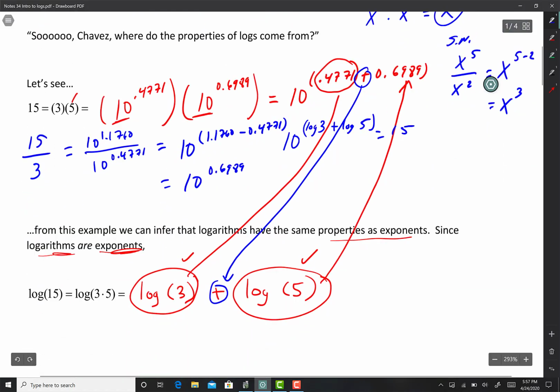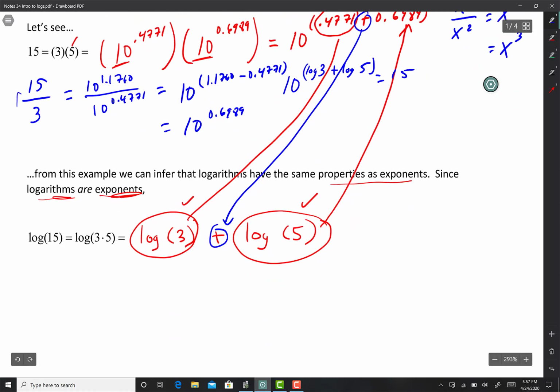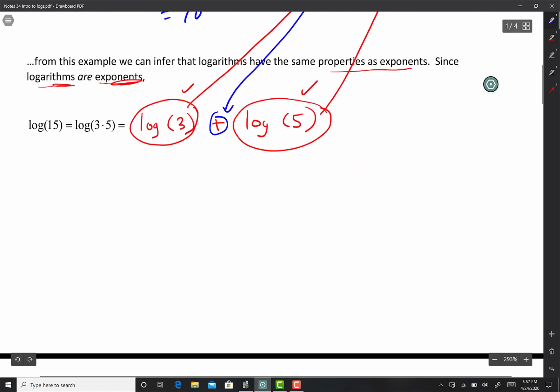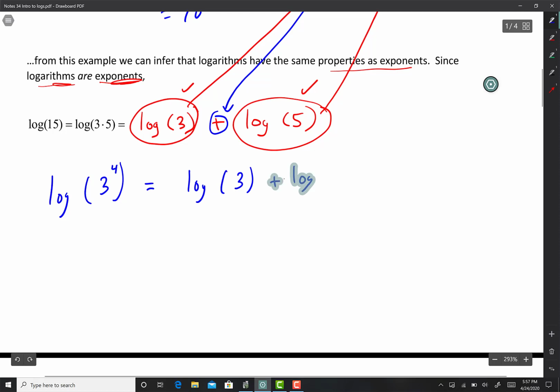Now we just got one more rule. Let's say I have something like log 3 to the power 4. Well, that means log of 3 times 3 times 3 times 3.